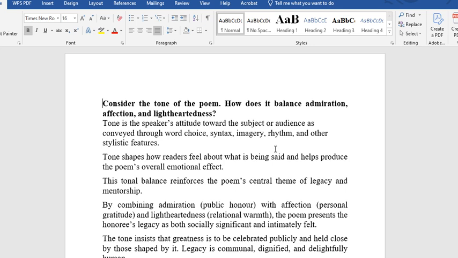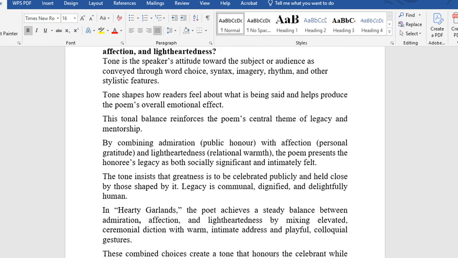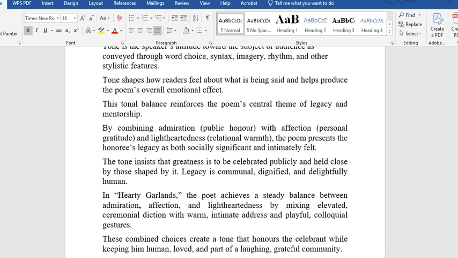Tone shapes how readers feel about what is being said and helps produce the poem's overall emotional effect. This tonal balance reinforces the poem's central theme of legacy and mentorship. That is relating it to a relevant theme there.